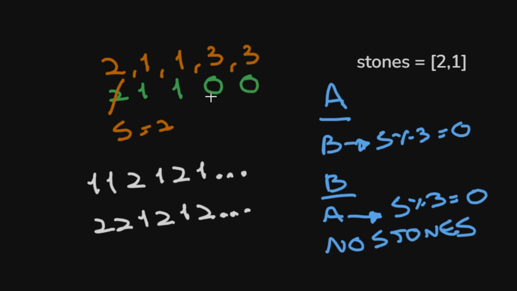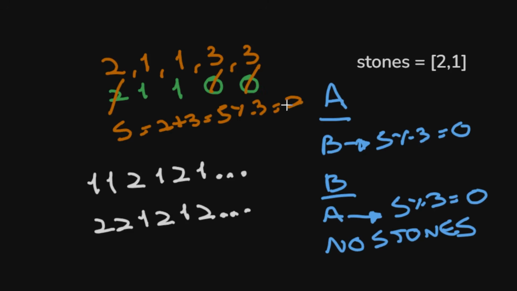So let's say that we pick a 3. This adds 0 to the score. If we do 2 plus 3, this is 5. 5 modulo 3 is equal to 2. And now we have Alice's turn again. We should continue with this pattern. Now we have 2 1s and 1 3, so if we don't want to lose, we have to pick this number, right?